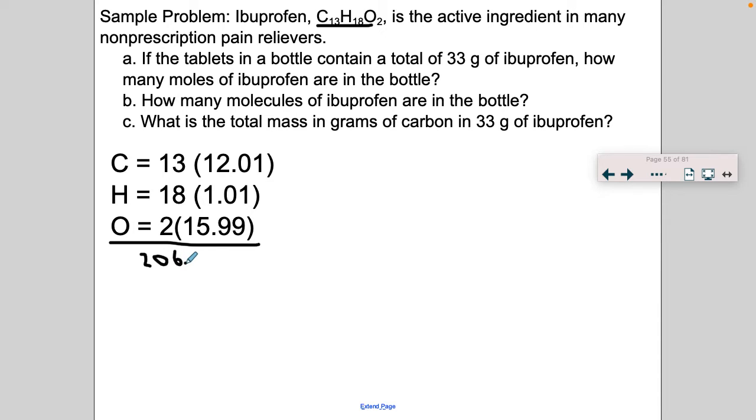Oh, it's 206. I have 206.16. Do the math. All right, I'll retype. I got 2.9, but maybe I just typed it wrong. Maybe it's not 206. I did 156 instead of 206.